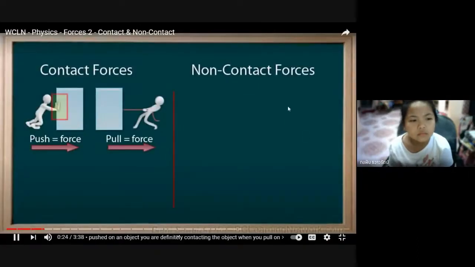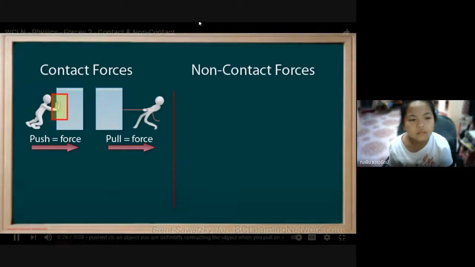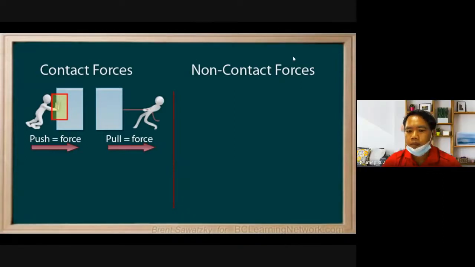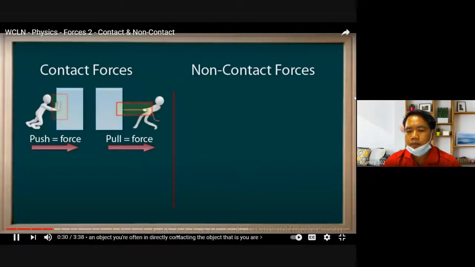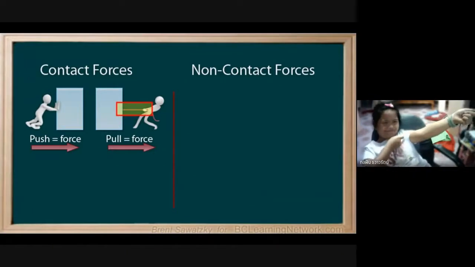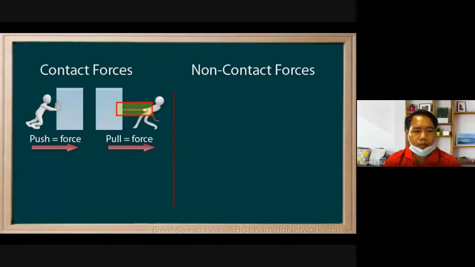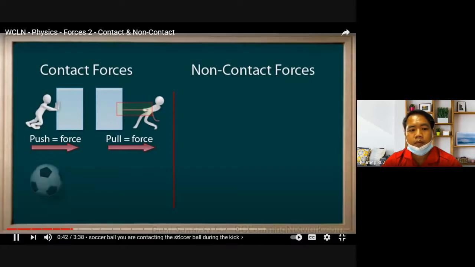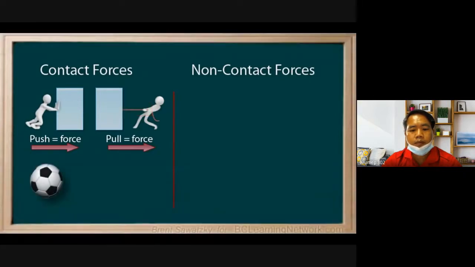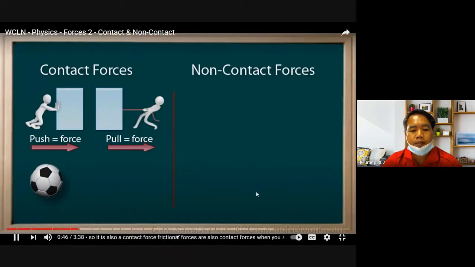When you push on an object, you are definitely contacting the object. When you pull on an object, you are often indirectly contacting the object. That is, you are contacting the rope or handle, which contacts the object. When you kick a soccer ball, you are contacting the soccer ball during the kick. So it is also a contact force.